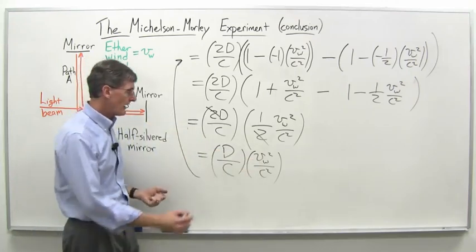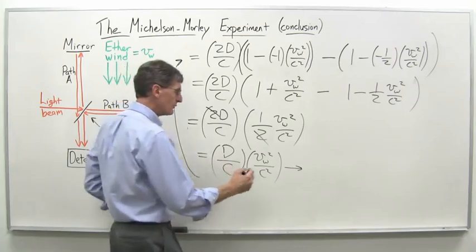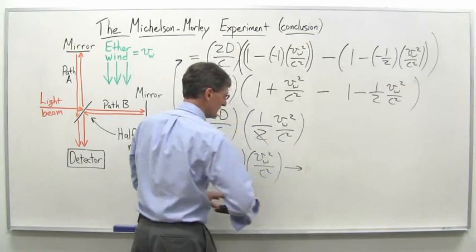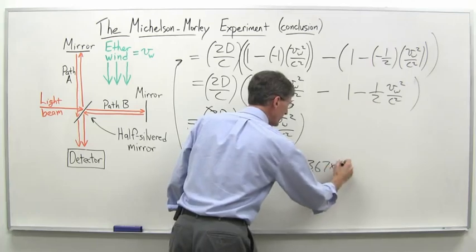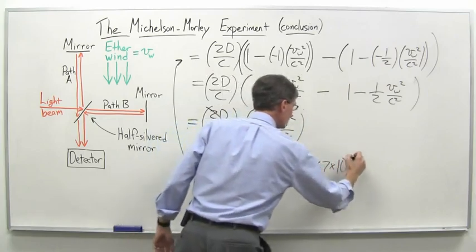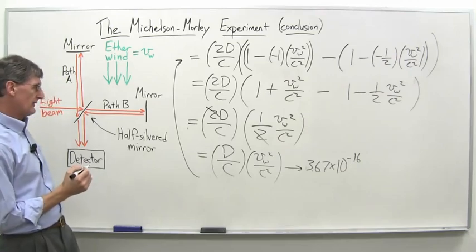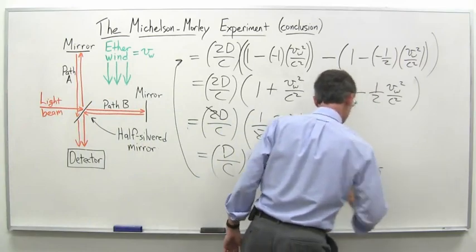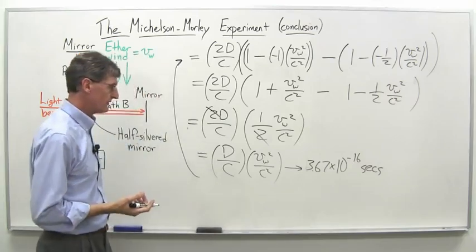You work all this out, and you get an answer that is approximately equal to, say, well, we won't use 4, it's actually closer to 3.67 times 10 to the minus 16 seconds.